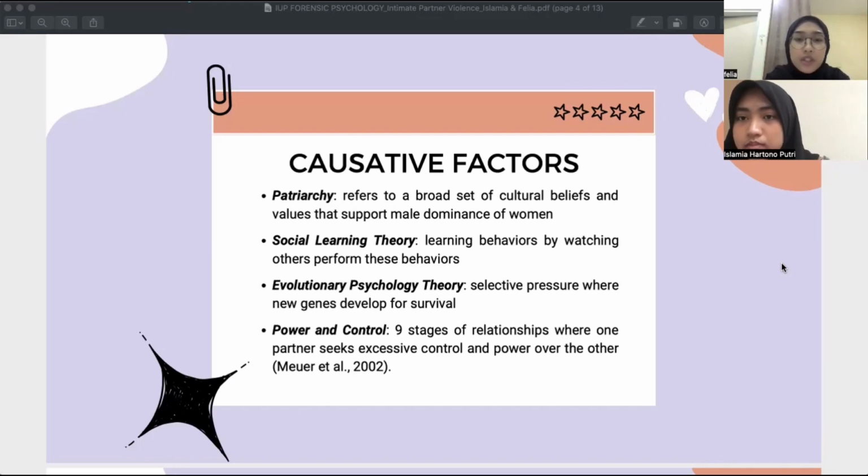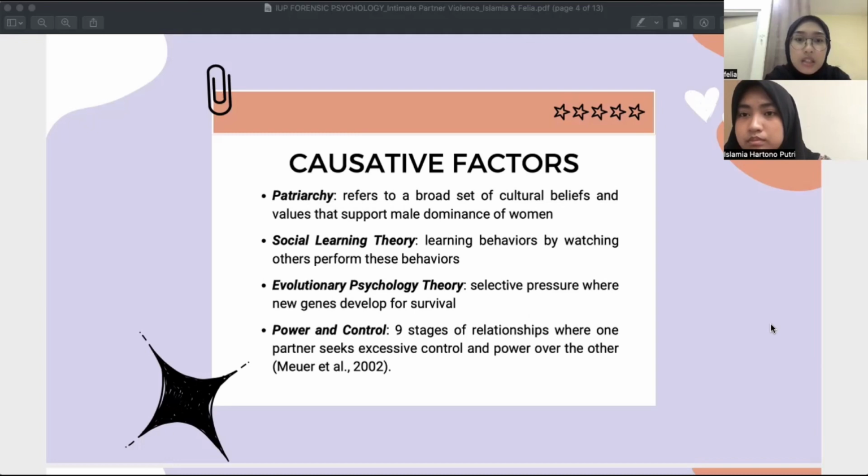A lot of researchers believe that this is due to how back in the days people were trying to survive due to war or due to difficult times, and it has caused them to build such characteristics where they are defensive and tough.